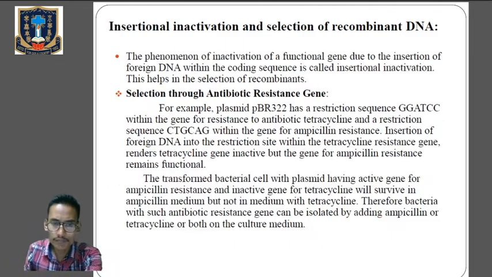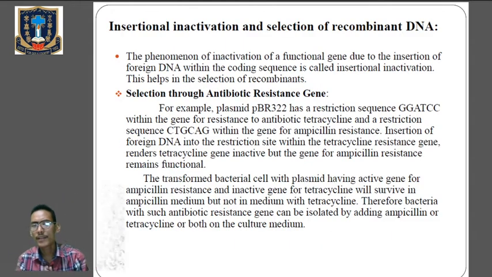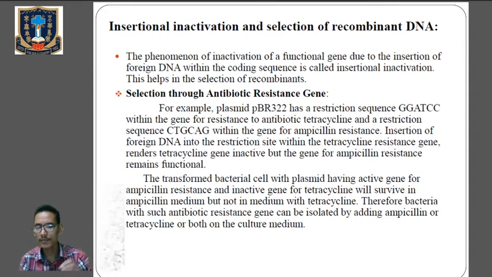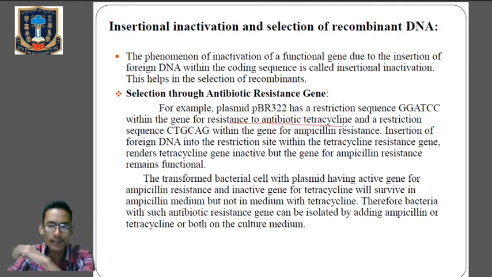Plasmid pBR322 has a restriction sequence GGATCC within the gene for resistance to the antibiotic tetracycline. Clear? Similarly, we also have the restriction sequence CTGCAG within the gene for ampicillin resistance.